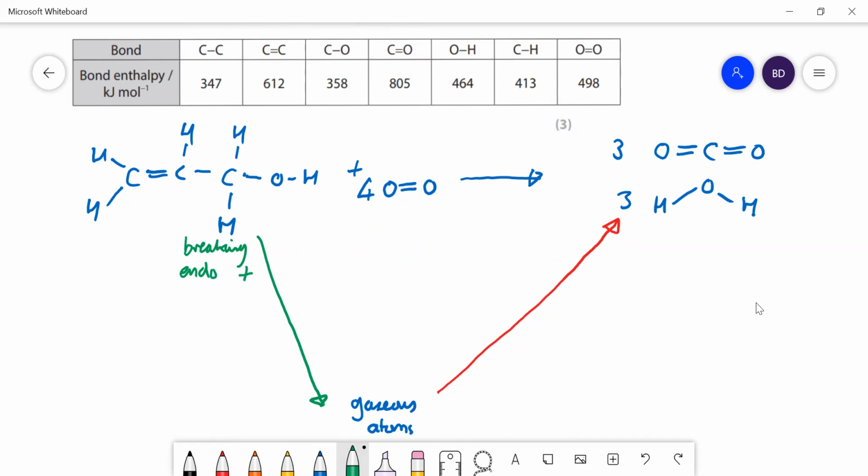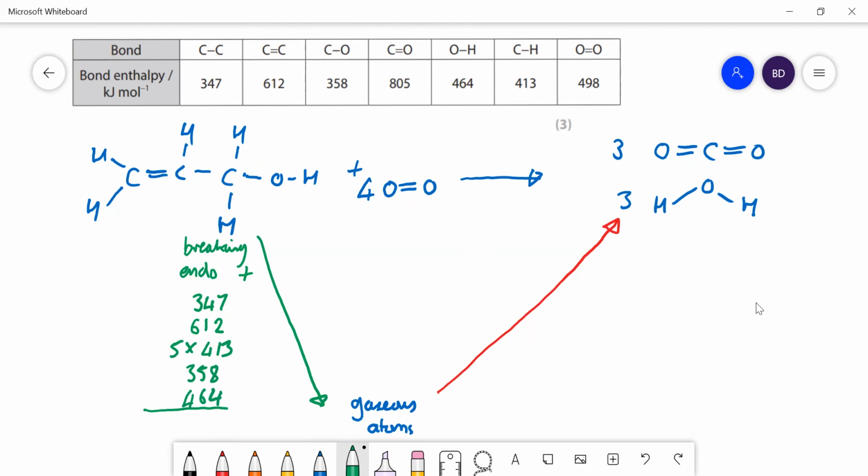Right, so we've got 347 for the carbon-carbon single bond. We've got 612 for the carbon-carbon double bond. We've got 5 carbon hydrogens. We've got 1 carbon oxygen single, 358, and we've got 1 oxygen hydrogen, 464.